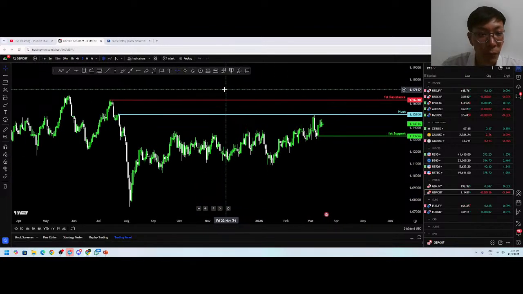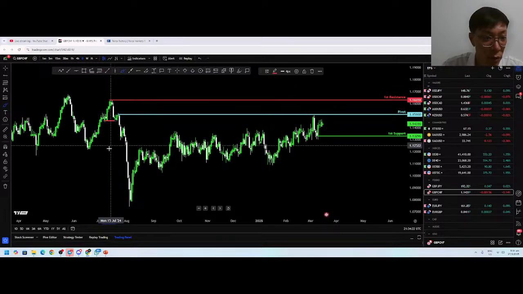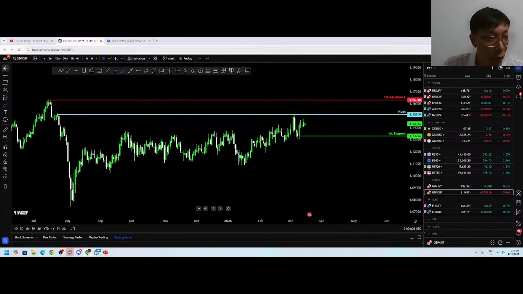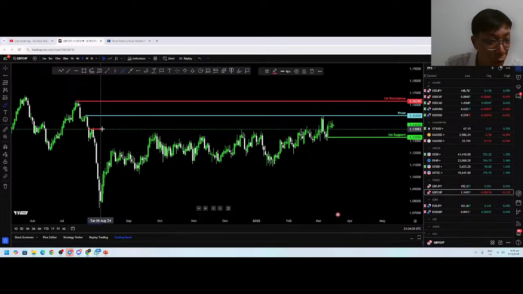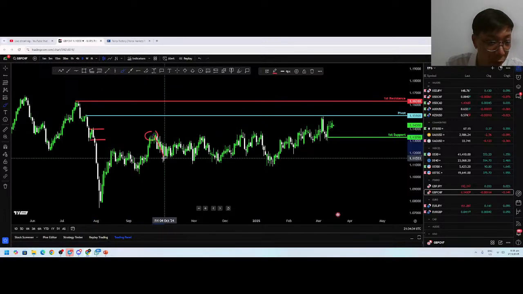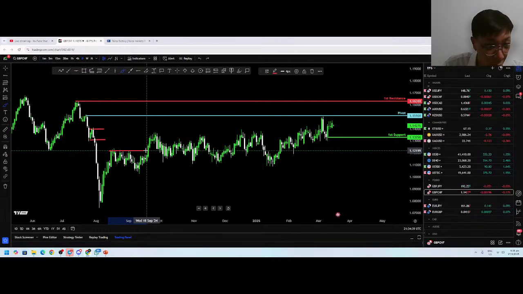Usually once price breaks past these lows, and even breaks past these lows, you can see, let me break it down a little bit, this is a good level for supply. You can see how price reacted and then swept liquidity.